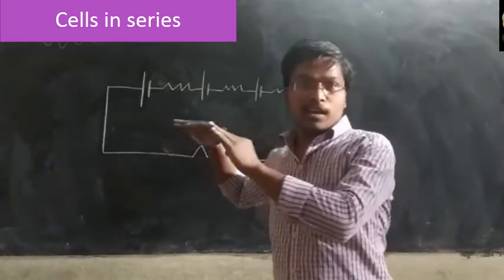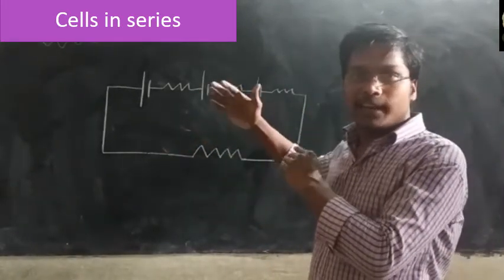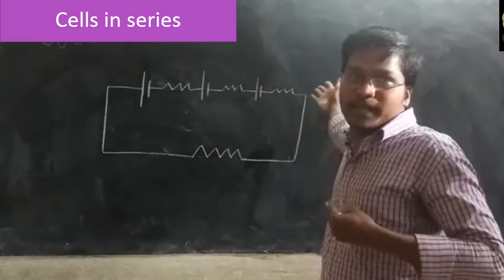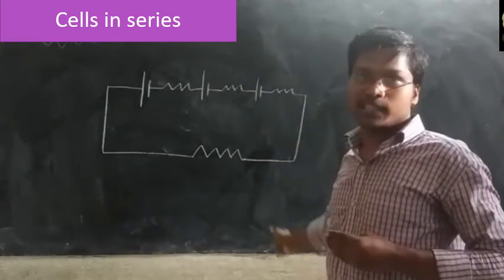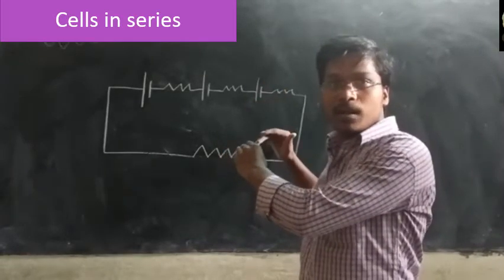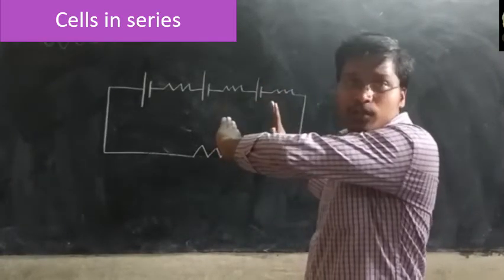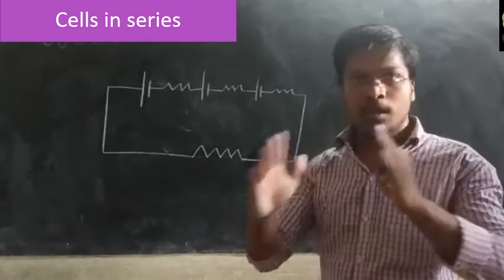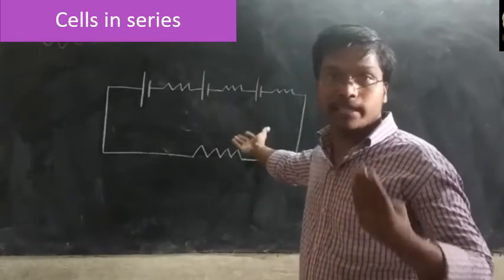I cannot draw n cells because the board is not sufficient, so I am drawing just 3 cells in our circuit diagram, but you can assume n number of cells are there.